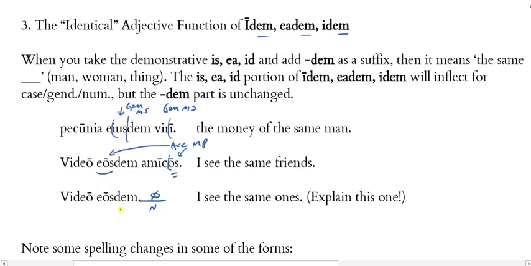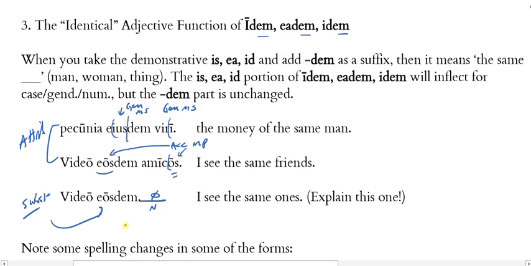But what did we learn about adjectives? Adjectives can function attributively, as they are here in these two. Okay, they are attributive in their function. But adjectives can also be substantival. And when they are, the noun is missing, but the adjective functions like the noun. So this is a substantival use of the adjective, the identical adjective.